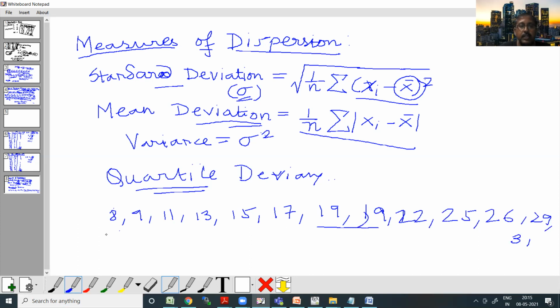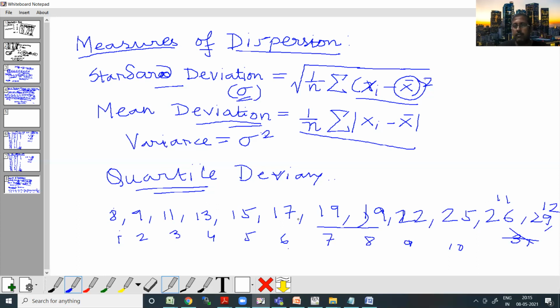If I put in a sequence number 1, 2, 3, 4, 5, 6, 7, 8, 9, 10, 11, 12, so 12. Now, 12 divided by 2 is 6. So I may think that the sixth value is the median value.